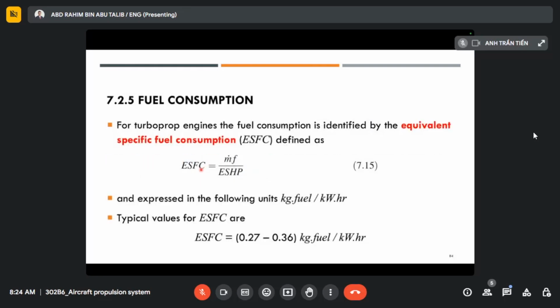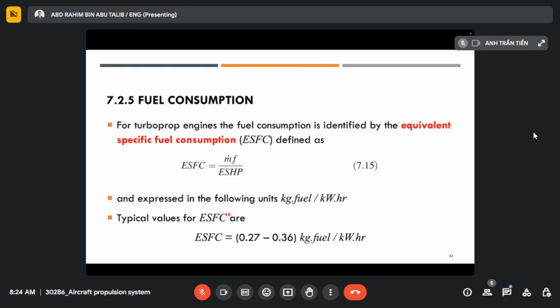For a turboprop engine, the fuel consumption can be identified by what we call the equivalent specific fuel consumption, ESFC, right? It is defined as equal to the mass flow rate of the fuel over the equivalent shaft horsepower, ESHP, and can be expressed in kilogram fuel per kilowatt hour.